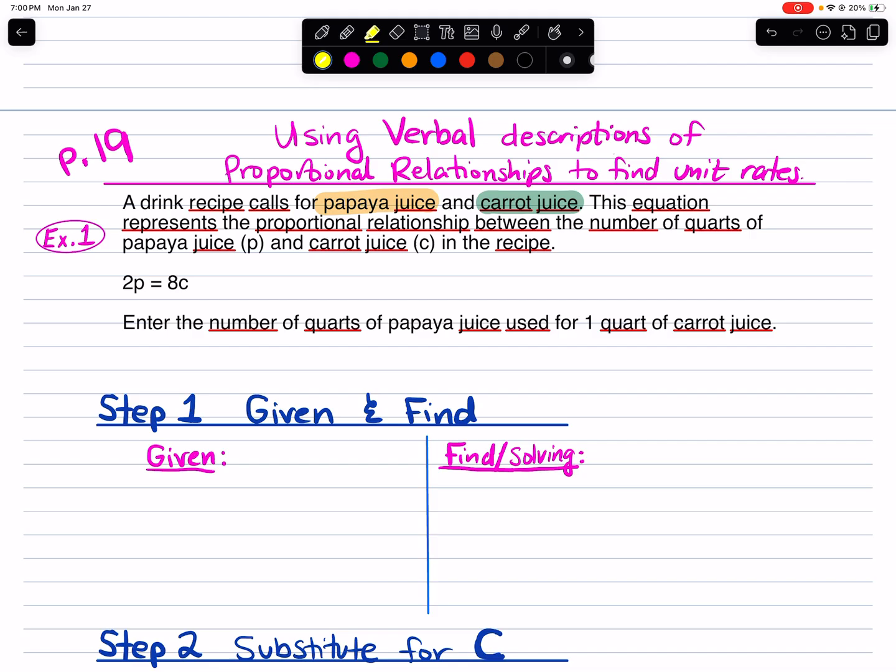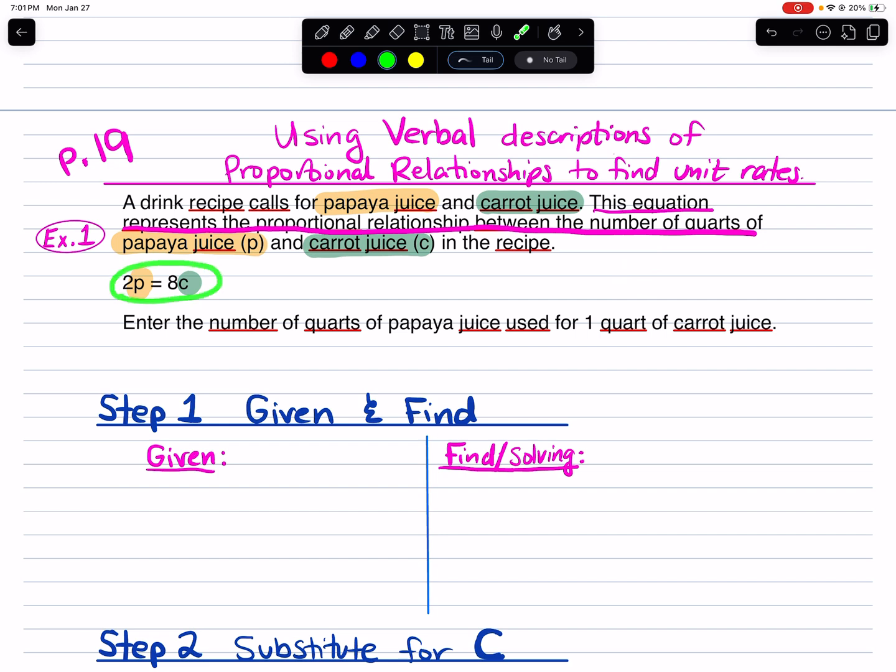This equation represents the proportional relationship between the number of quarts of papaya juice, letter P, and carrot juice with the letter C in the recipe. So it's proportional. Papaya juice and carrot juice, they are proportional. If there was a table, it is proportional. They match. There's a constant of proportionality.